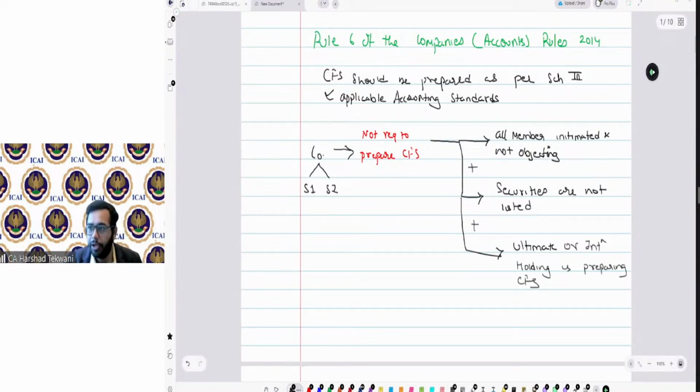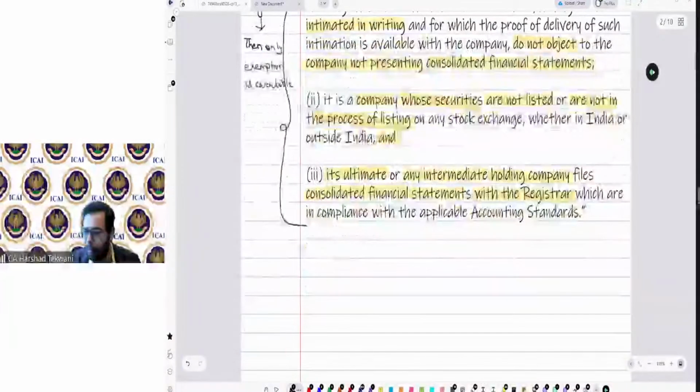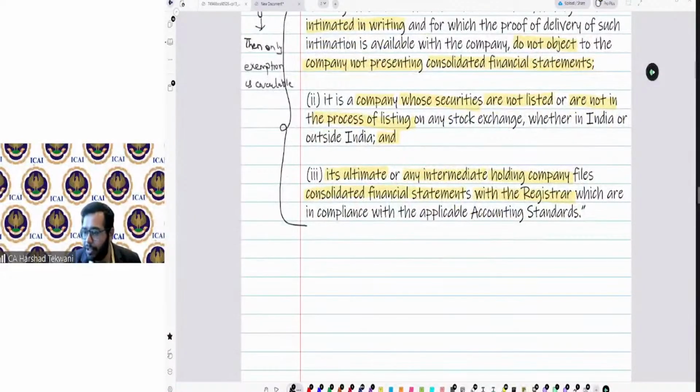Now, the next question is, we have discussed Rule 6 and the exemption of Rule 6. Is there any other requirement? Because when we are auditing a consolidated financial statement, we need to understand what the requirements of the Act are. The objective of an audit is to understand whether the financial statements are prepared in all material respects as per the applicable financial reporting framework.